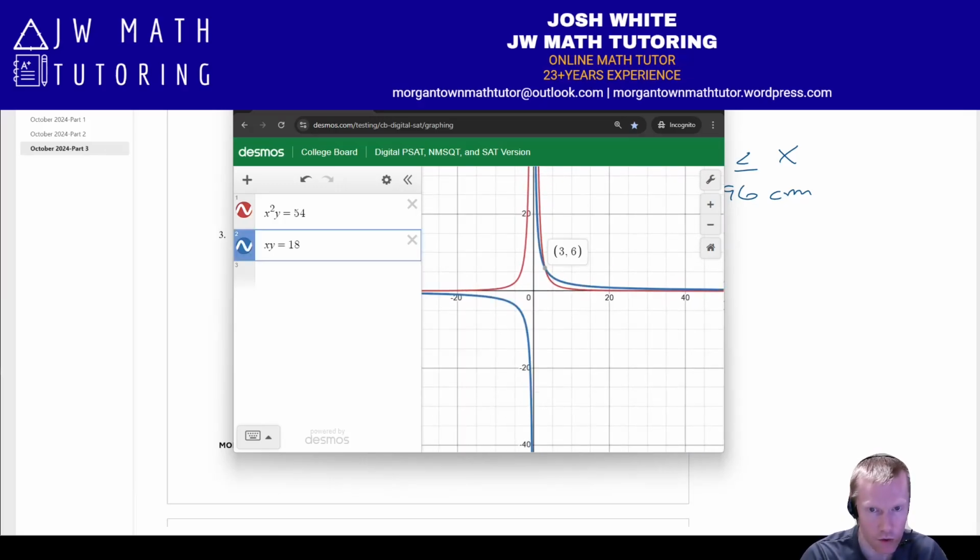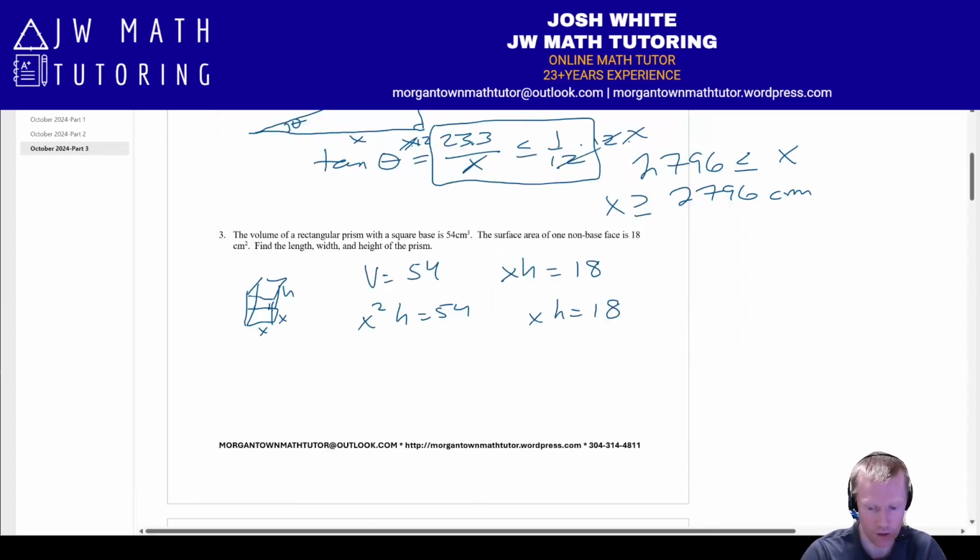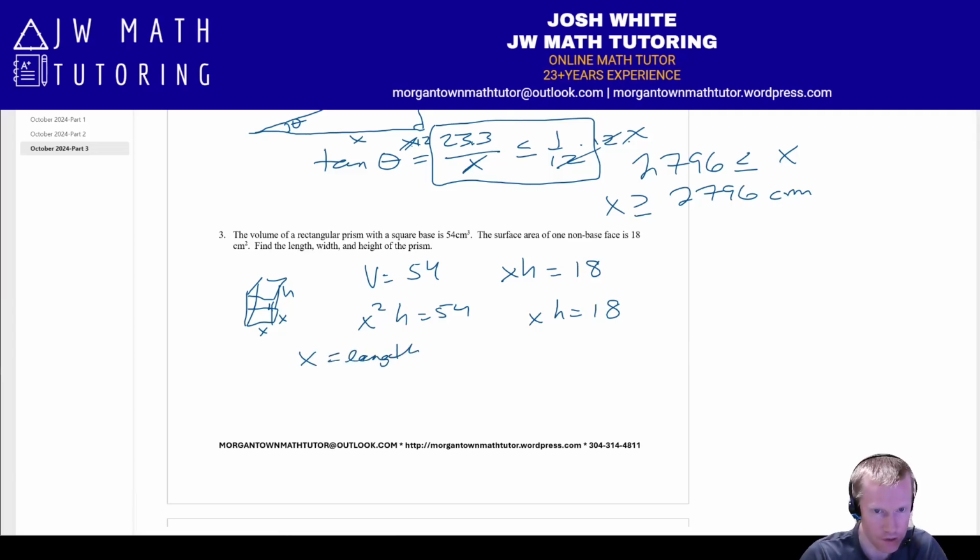Yeah, it looks like this is the only intersection or solution point. That tells us that x, which would be the length and the width, because they're the same, is just 3. Length and width are 3, and then the height, which was the y coordinate from the point, is just going to be 6. And you can now plug these in and confirm them.